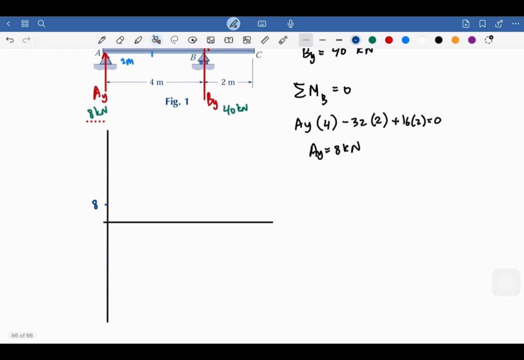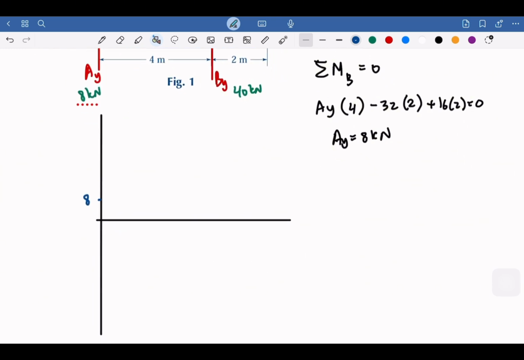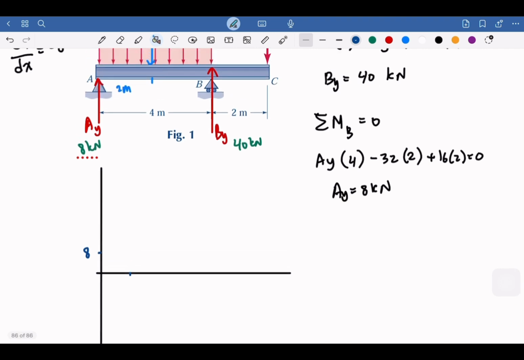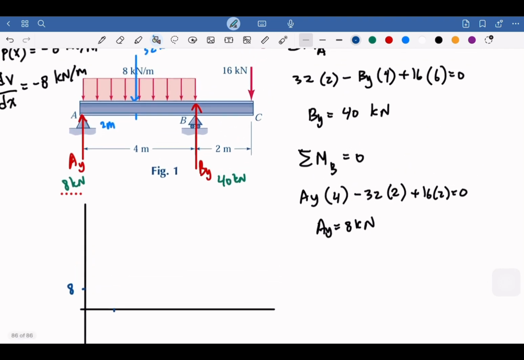So 40, okay, so this is our expectation. We are going to have something here.